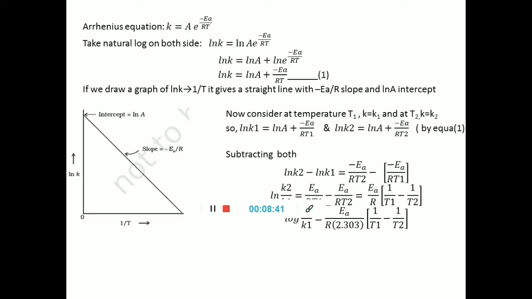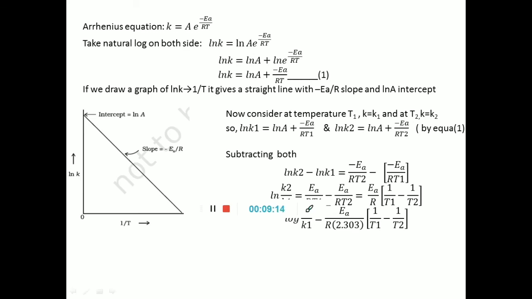Now we saw the Arrhenius equation, k is equal to A into e raised to minus Ea by RT. From that we are going to derive a formula here. First take the natural logarithm on both sides. ln k is equal to ln of A into e raised to minus Ea by RT.